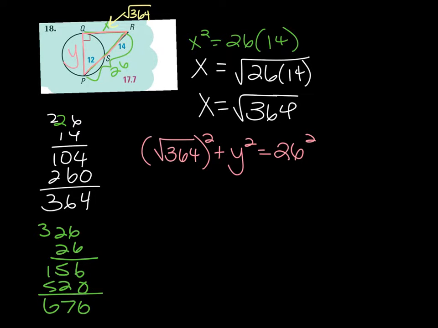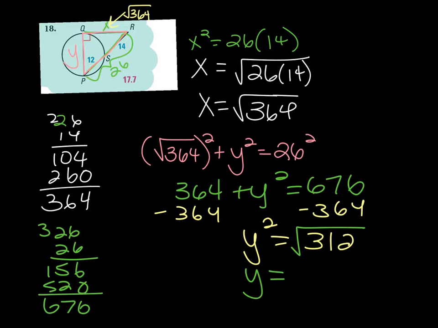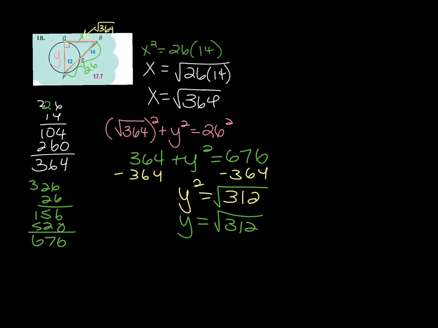Square root of 364 squared would be 364 plus y squared equals 676. And then subtract. And y would equal the square root of 312, which they actually figured out what that is, but you want to leave it.